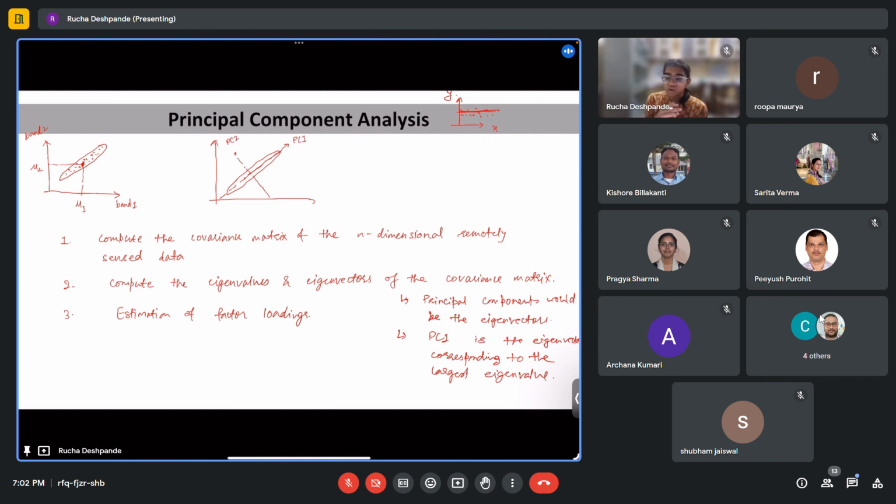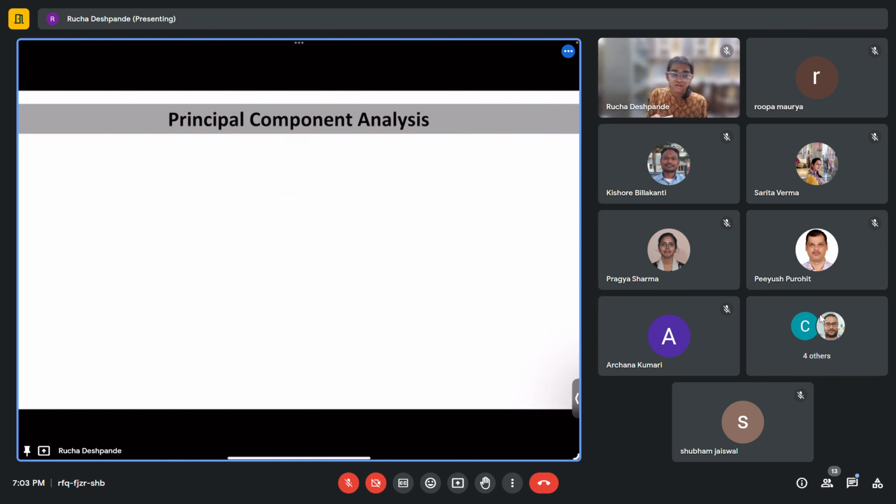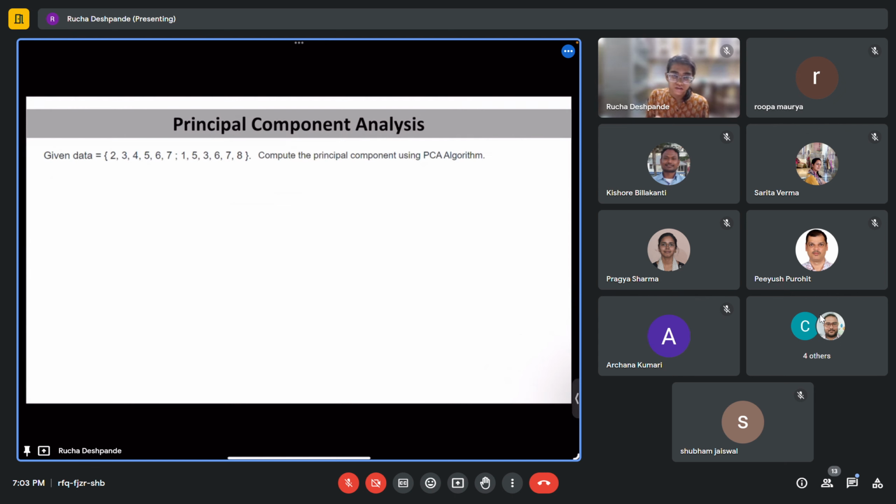And total variance of that principal component would be given as eigenvalue divided by sum of all the eigenvalues into 100. So we'll do a problem on this, and I think then it will be more clear.